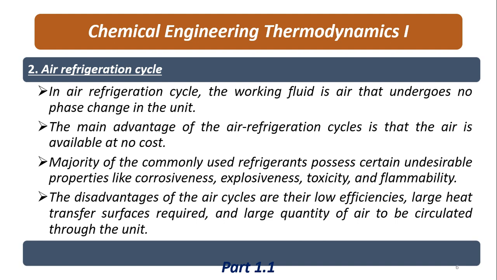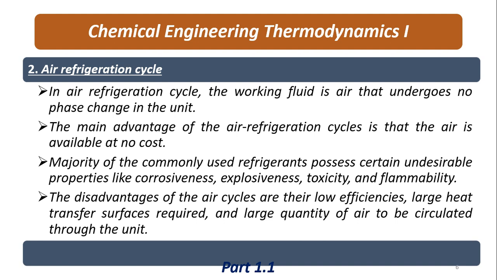The majority of commonly used refrigerants possess certain undesirable properties like corrosiveness, explosiveness, toxicity, and flammability. During operation, the refrigerant poses such undesirable properties on the surfaces of the refrigeration system. The disadvantage of the air refrigeration cycle, compared with other refrigeration cycles, is low efficiency.